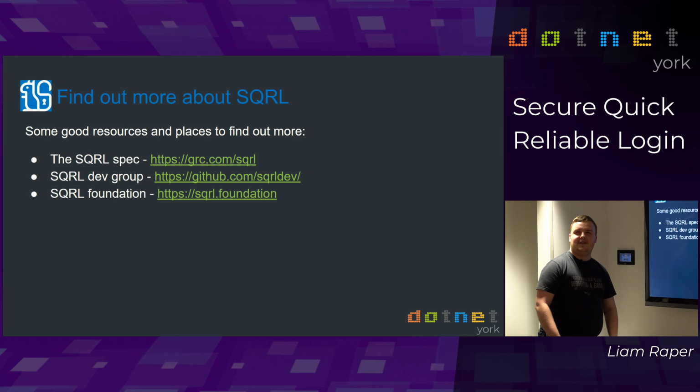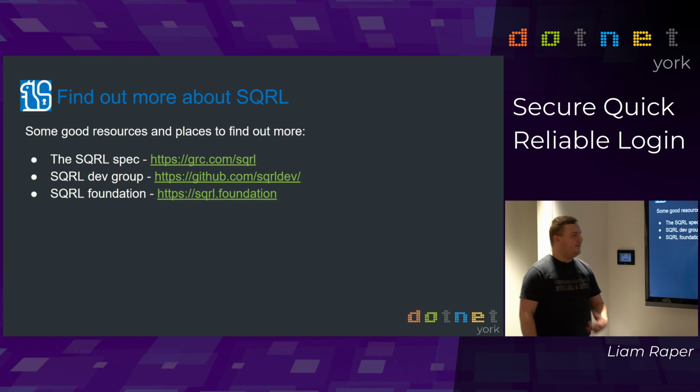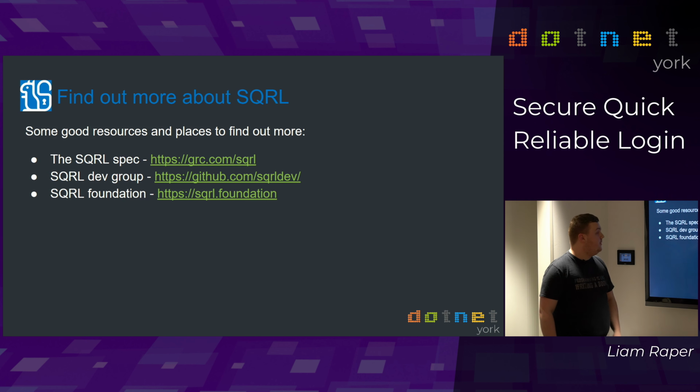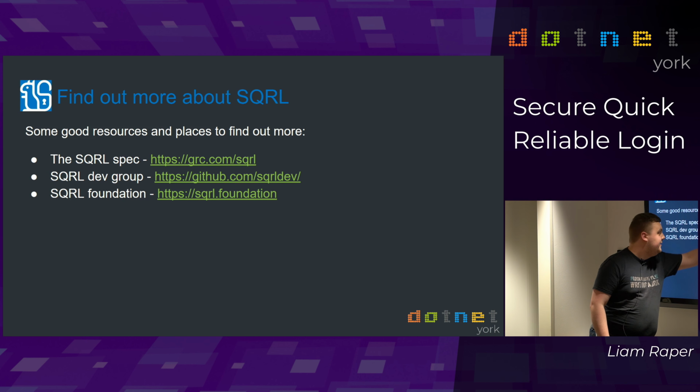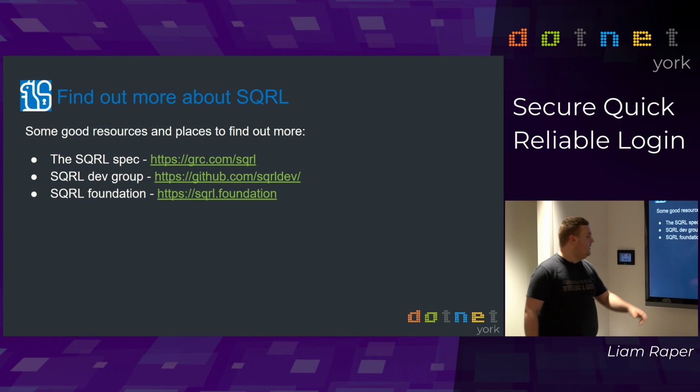You'll probably need to read the PDFs about 4 times before you understand half the stuff that's in there. It's very complicated stuff. It gets really far into the cryptography side of it, which is good. The Squirrel dev group, we all hang out at GitHub/Squirrel dev. Nice and easy to find.